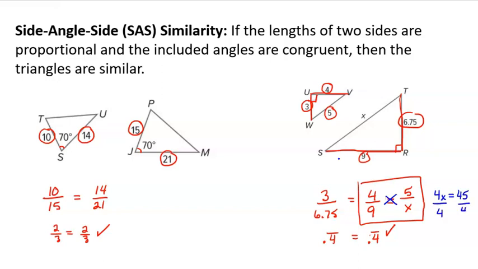I can divide both sides by 4. And then I get 45 divided by 4, and that gives me 11.25. And so this would be 11.25 if they were asking me to solve. So that's how some of these problems lead into how you would solve for x. And so let's go ahead and do a couple of those problems.